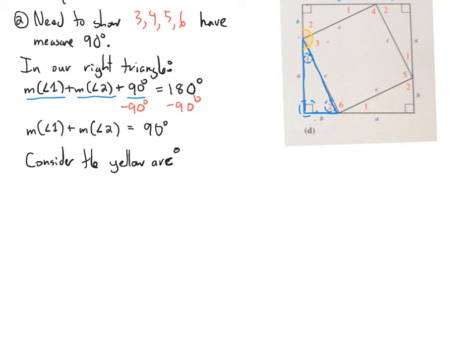Well, we know that angles 1, 2, and 3, these guys are supplementary. So we know that angles 1, 2, and 3 are supplementary since they break up a straight line.